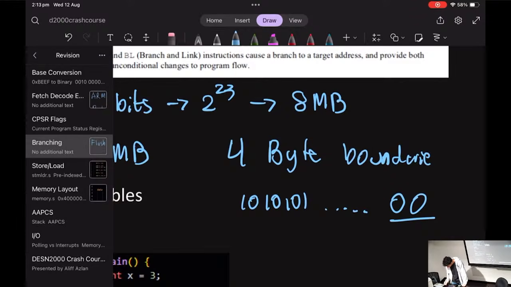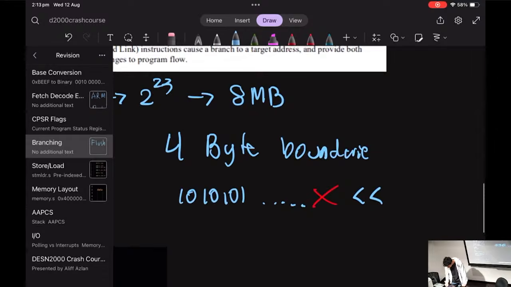Now, the way we do this is instead we just omit this altogether, we just get rid of that, and then we just shift this by 2, right?